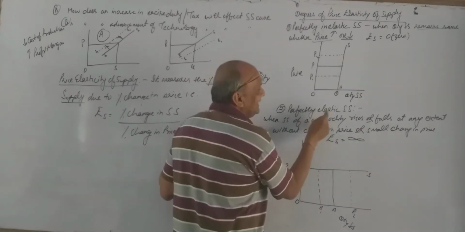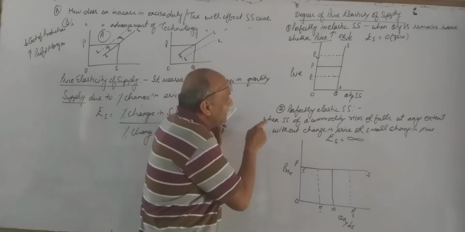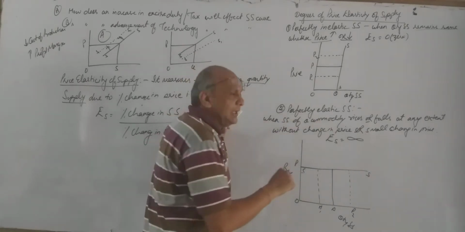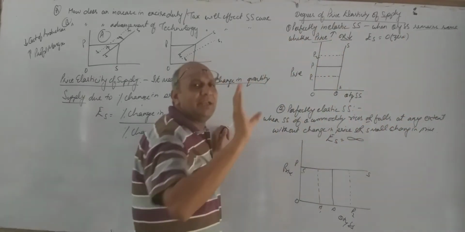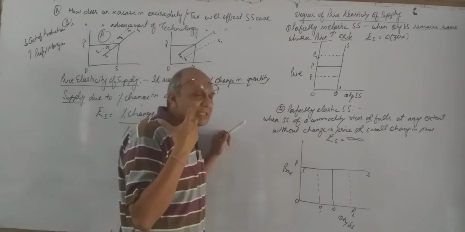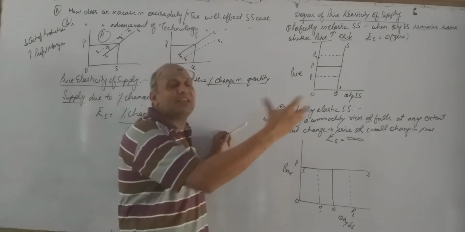Second, perfectly elastic supply. What is the meaning of perfectly elastic supply? When supply of a commodity rises or falls to any extent, it means my supply can increase, even unmeasurably.